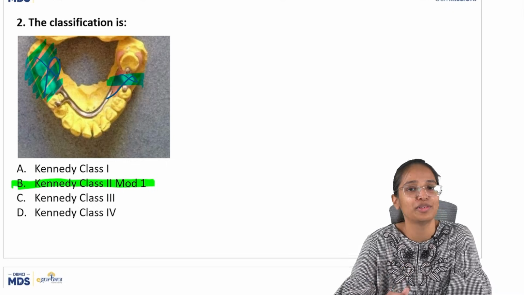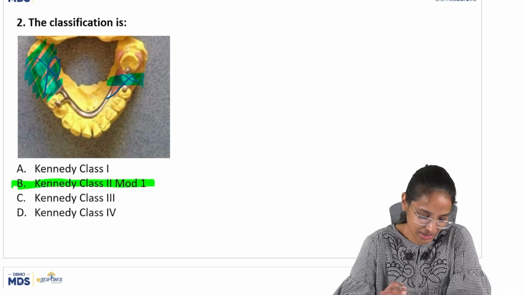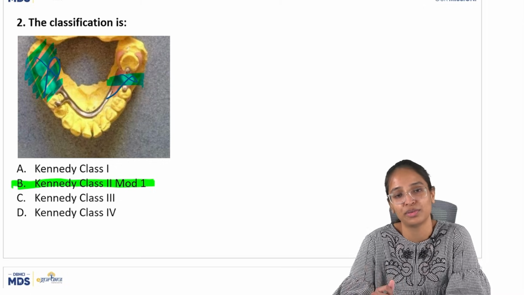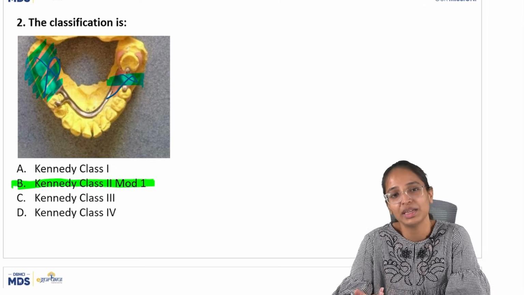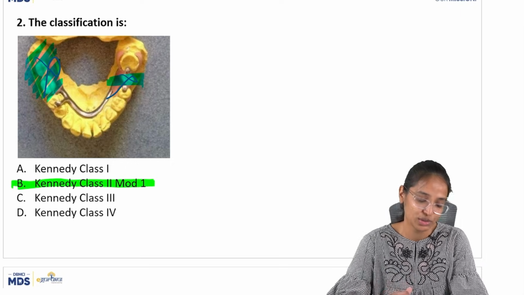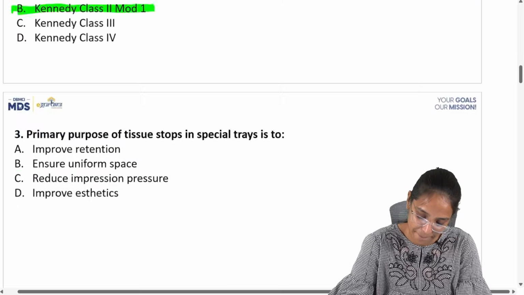Now look at all four options. There is only one option with a modification space here. That is option number B. Rest all of them are straightforward, 1, 3 and 4 only. What does that suggest? That B is your straightforward answer. So this is how you take your guessworks also. So question number 2, the correct answer is option number B.